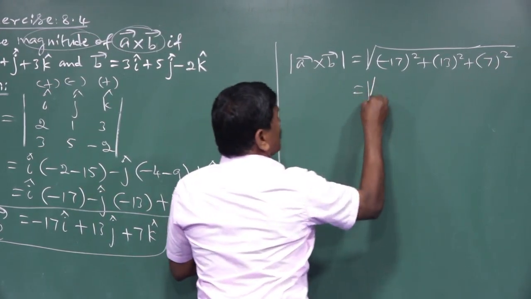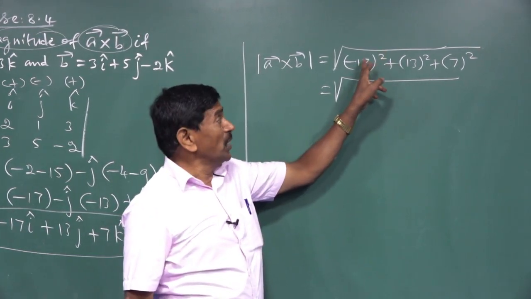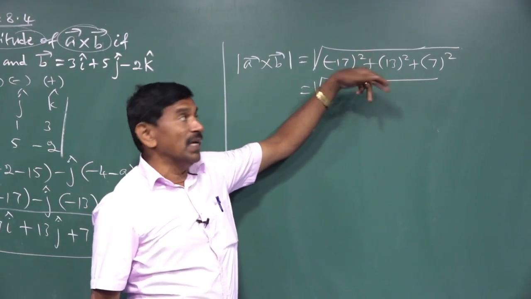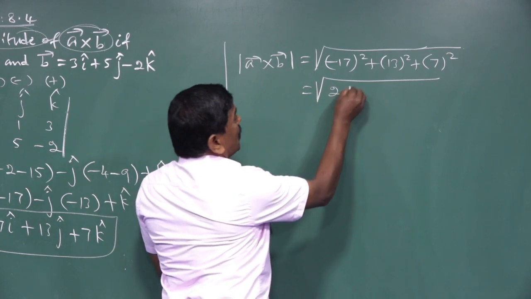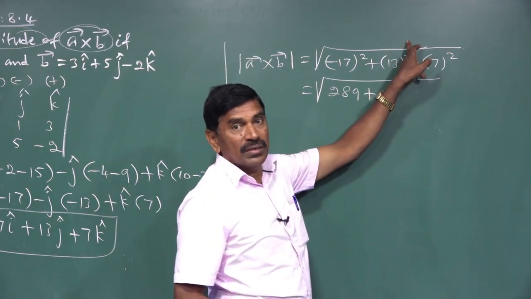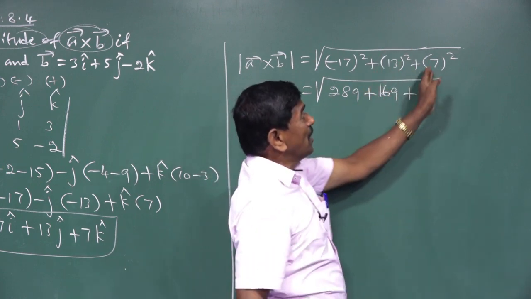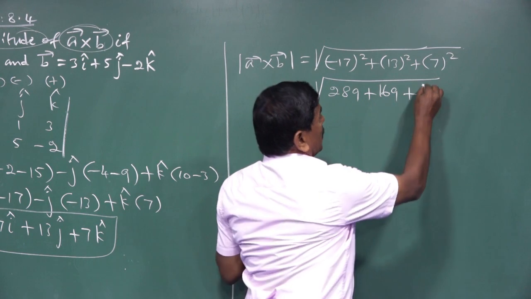Now simplification, which is equal to the square root of 17 the whole square, which is 289, plus 13 the whole square, which is 169, plus 7 square, which is 49.